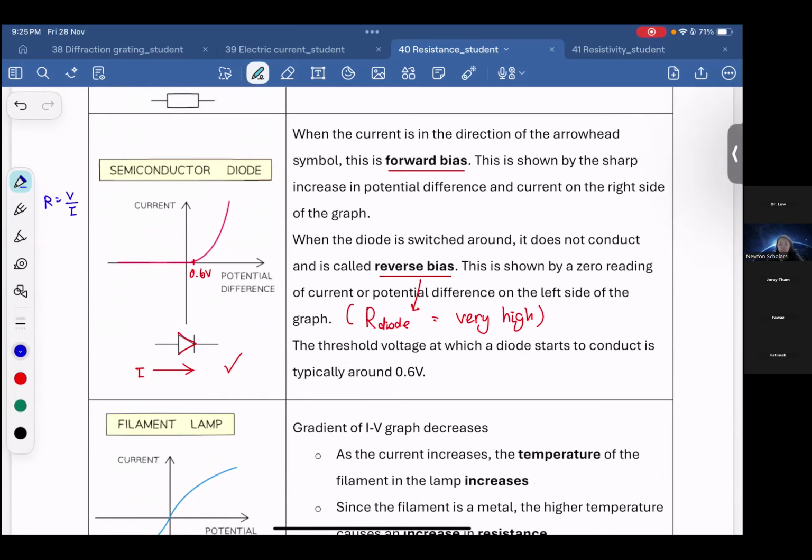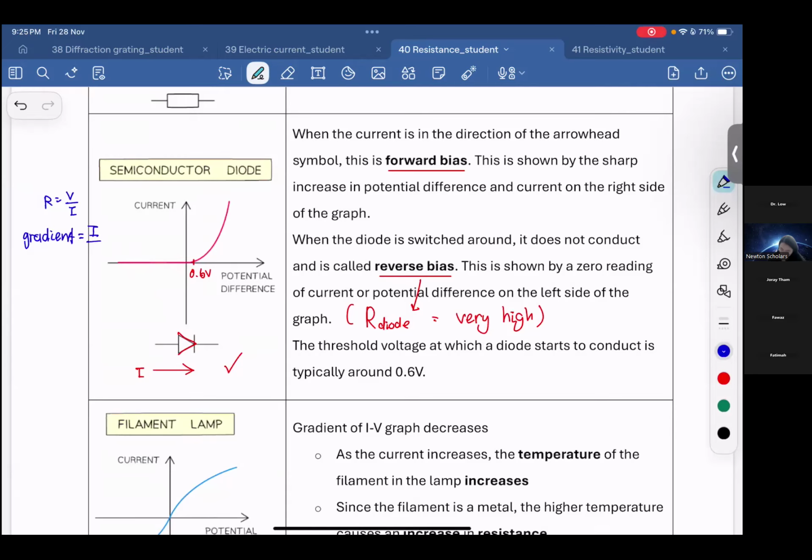But in this graph, the gradient is actually current over V. I cannot say the gradient is resistance. Resistance is actually 1 over the gradient, upside down the gradient. Then only you get the resistance. If I draw a triangle here and a triangle here, you will find this one has a higher gradient.